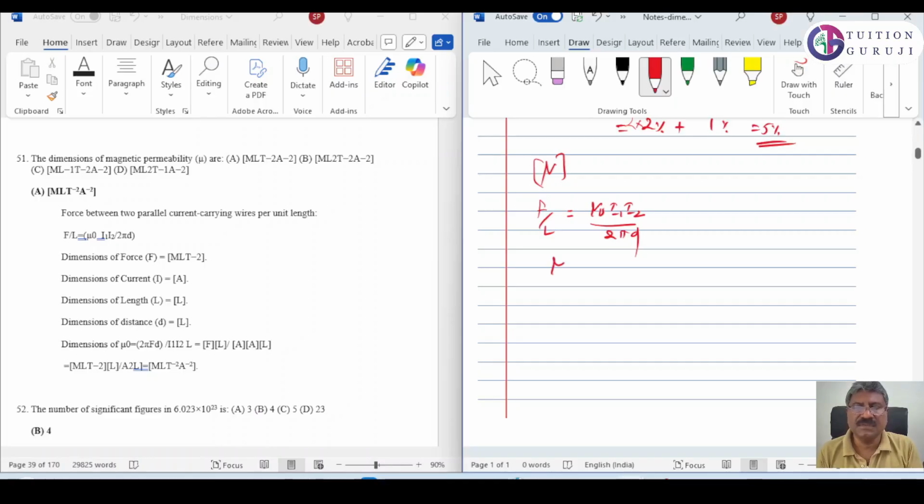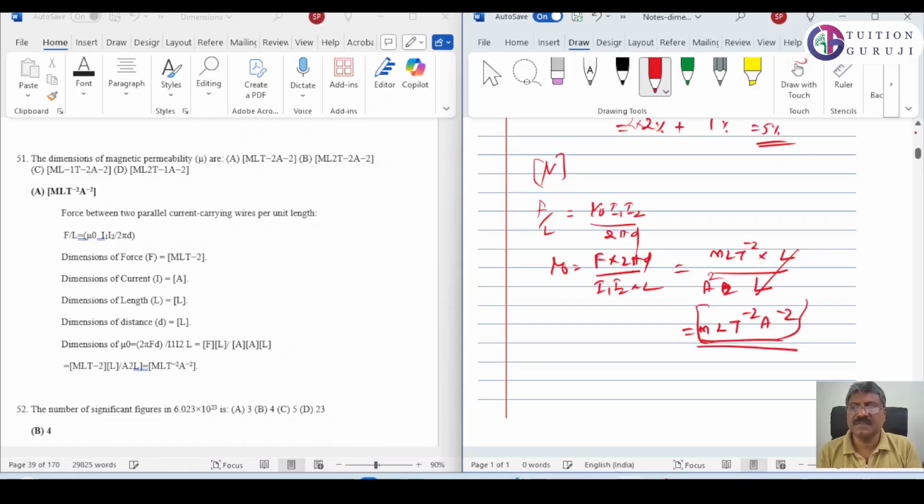So mu 0 is equal to F into 2 pi d divided by I1 I2 into L. We know F is M L T raised to minus 2, and d is L again, and I1 I2 is A square. Then L gets cancelled, and we get M L T raised to minus 2 A raised to minus 2. The answer. Magnetic permeability.